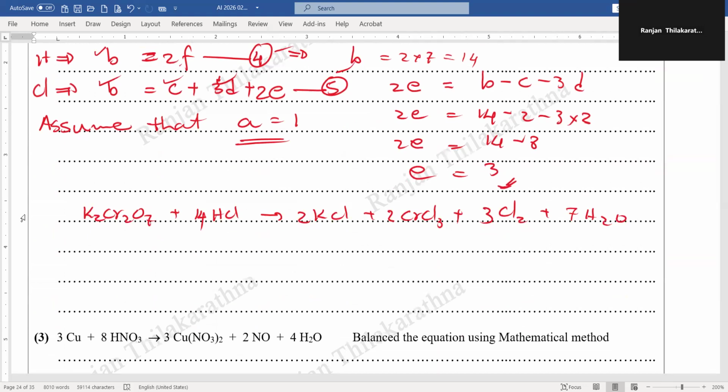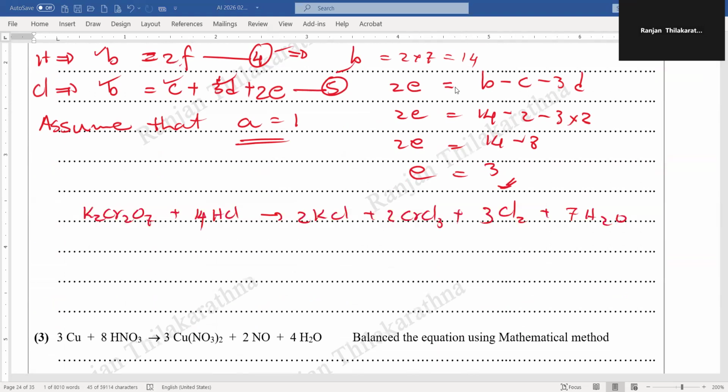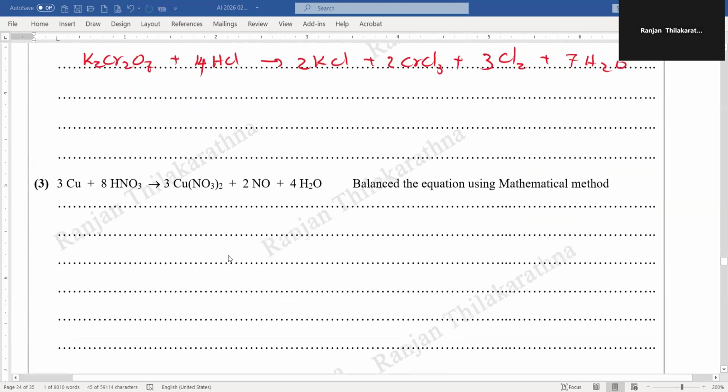I assume that it's okay, clear. Is it clear? Then you can try this.